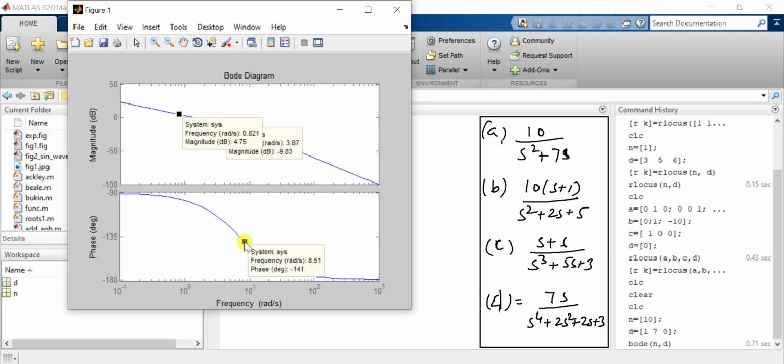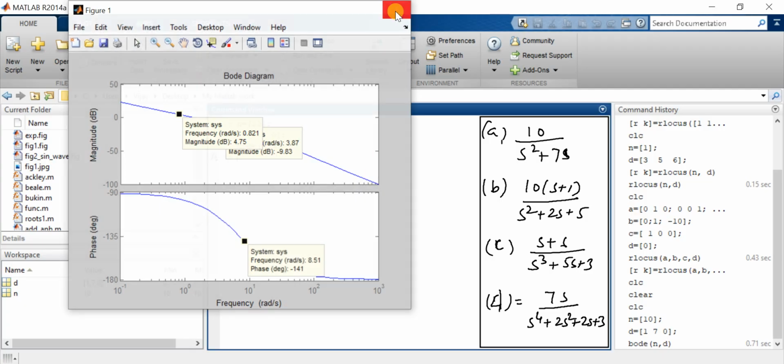I hope this is clear to you. You can check the phase angle as well. Here the phase angle in degrees is -141 and the frequency is 8.51 radian per second. So I hope this first example is clear to you. Let's try to code for the second one.